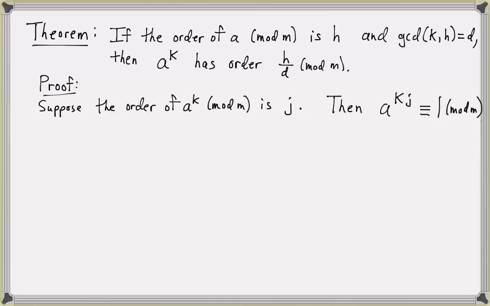But the order of a is h, and a to the power kj is also congruent to 1, so we've shown that h must divide k times j. So we can write k times j as an integer times h.